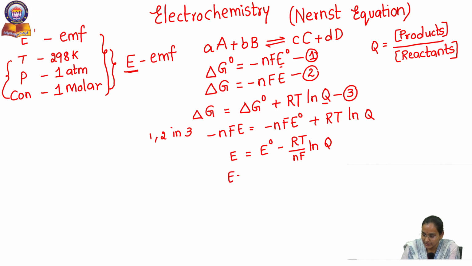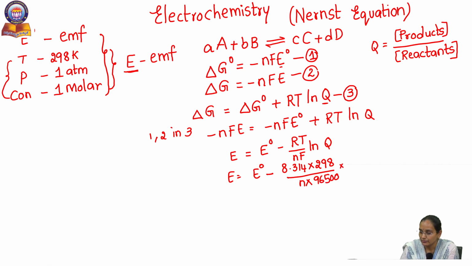Now E equals E naught minus. If we are maintaining standard conditions, the universal gas constant is 8.314 and the standard temperature is 298 Kelvin, divided by n. Faraday's constant is 96,500 coulombs.